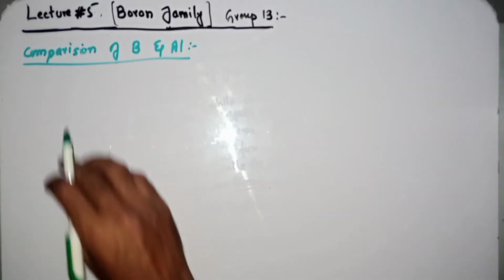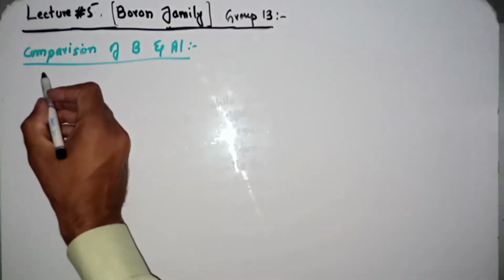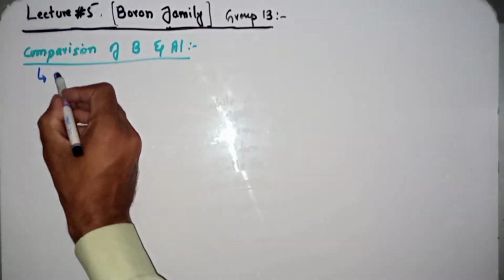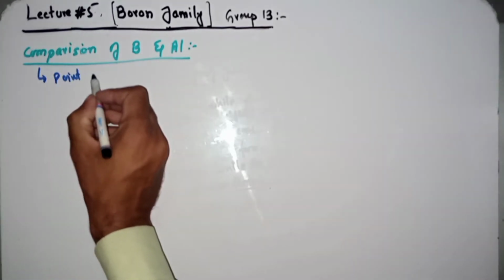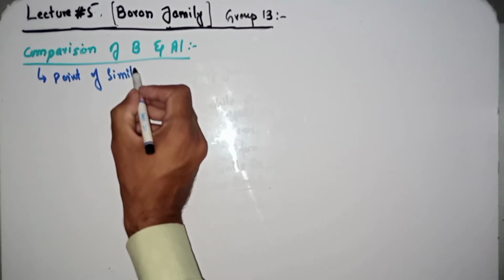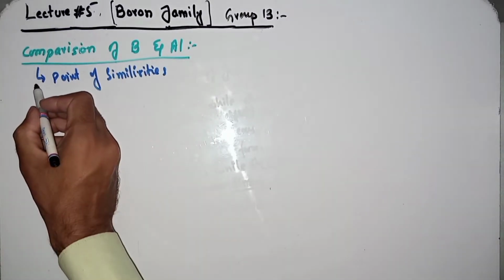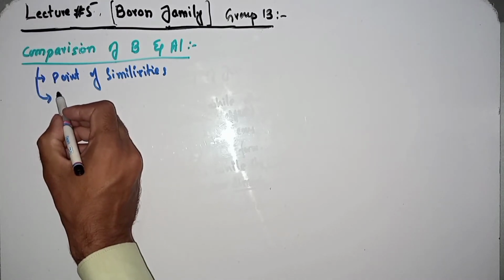But in this topic, the comparison of boron and aluminum, there are two types of comparison: points of similarity and points of dissimilarity. These are two different topics.